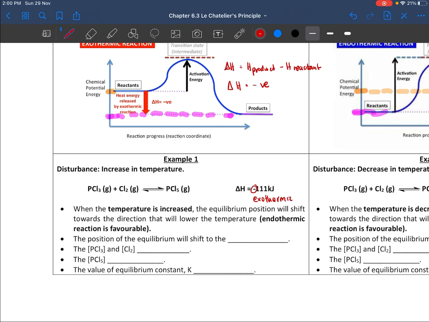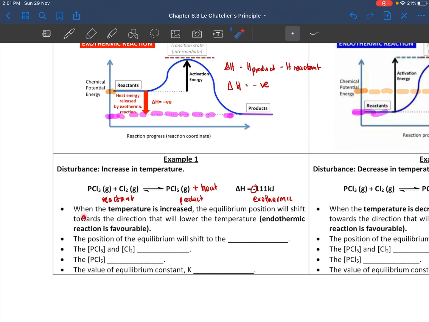Okay, and nak jawab soalan ni, kan saya cakap exothermic maksudnya dia release heat kan. So sekarang, kalau exothermic maksudnya heat tu berada di produk. Okay, so ini area produk. So ini area reactant. Kalau exothermic maksudnya kita release heat. So heat tu berada di produk.